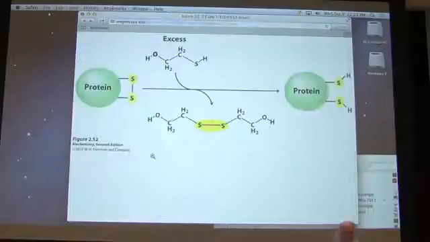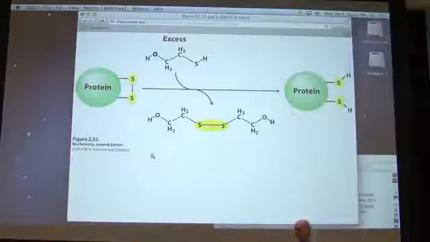I talked about reducing disulfide bonds, and I described it to you, but I didn't show it to you. So let me show you at the chemical level what's happening when we reduce a disulfide bond. Here's a protein that has a disulfide bond, and here is mercaptoethanol. Mercaptoethanol starts out with an SH, and our protein starts out with a disulfide bond.